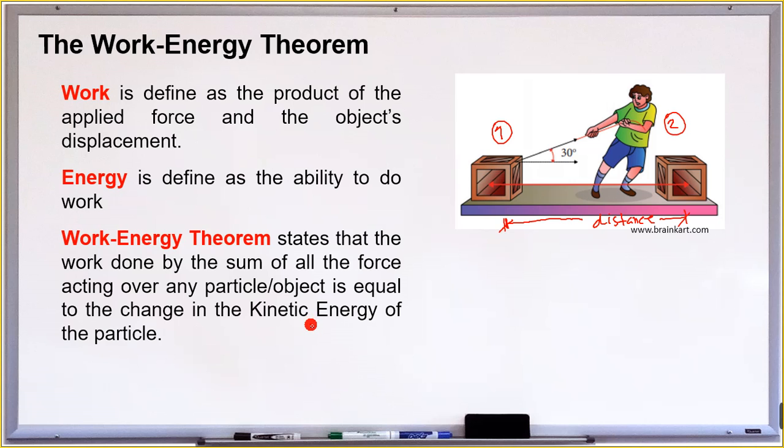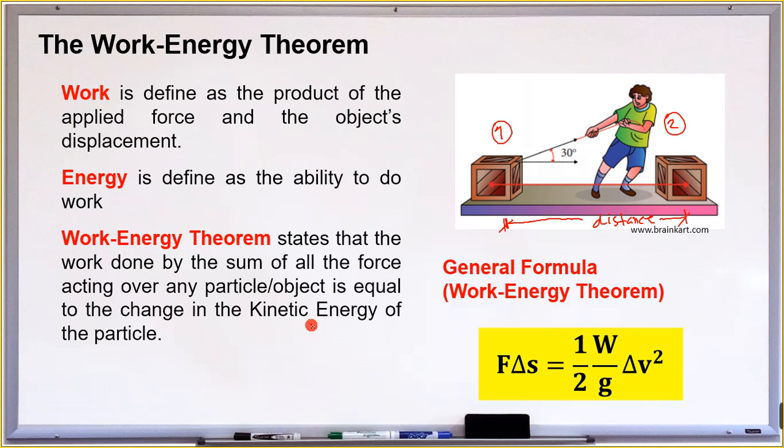So with this statement, we can also create a general formula for our work energy theorem. It states that we equate work into energy, no? So the left side of the equation is our formula for work, whereas the right side is the formula for our energy, specifically kinetic energy.